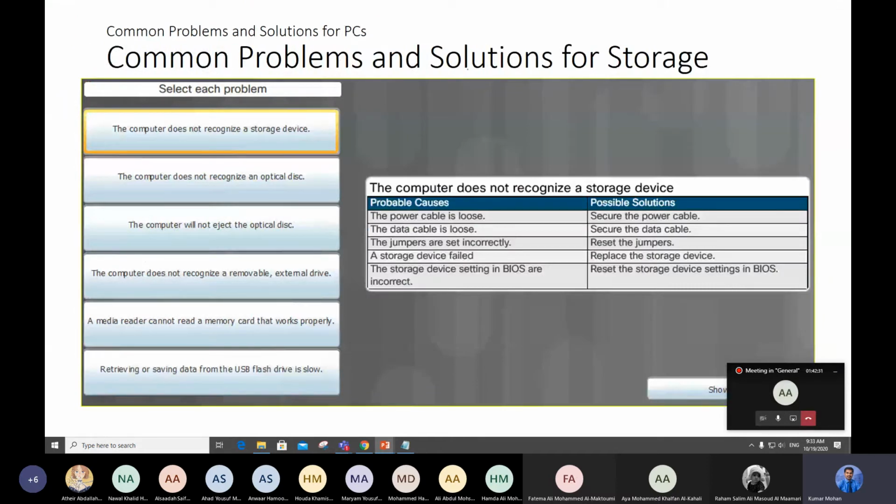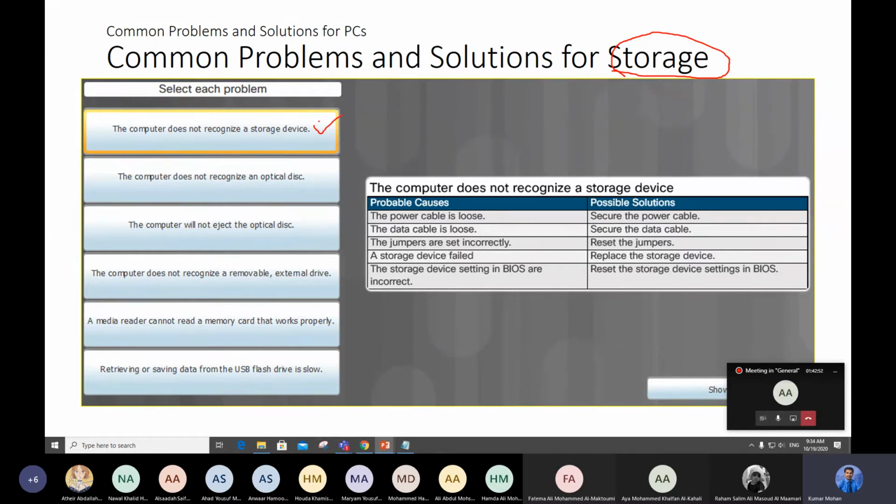See here, common problems and solutions for what? Storage. So these are the problems. If I select this one, what are the solutions? What is the possible cause and what is the possible solution? For example, the problem I have selected is the computer does not recognize a storage device.